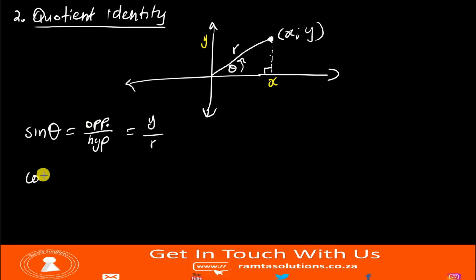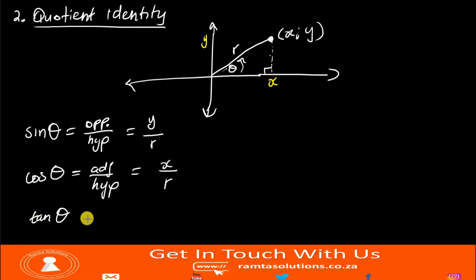Now let's go to cos theta. You recall from grade 10 that cos theta is adjacent over hypotenuse. The adjacent is this side here, which is x units long. The hypotenuse is r units. Then we go to your tangent.